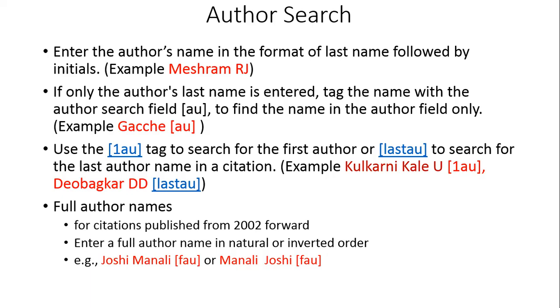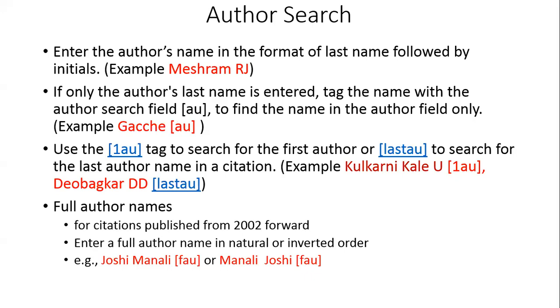When you search by surname and tag it with AU, you are asking PubMed to search in a field called authors. So it won't search in the MeSH database or other irrelevant locations, and your search results will be more specific.